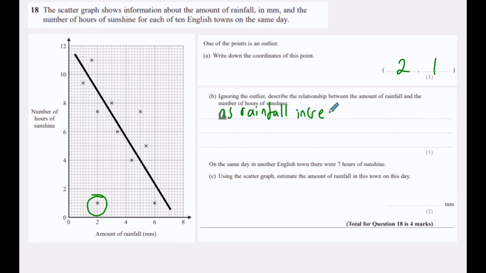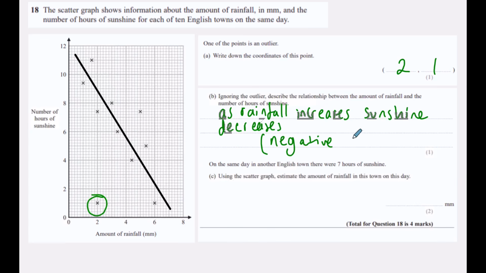But we could just write negative correlation. As one goes up, the other one goes down. That's a negative correlation. If they both go up together, that's a positive correlation.